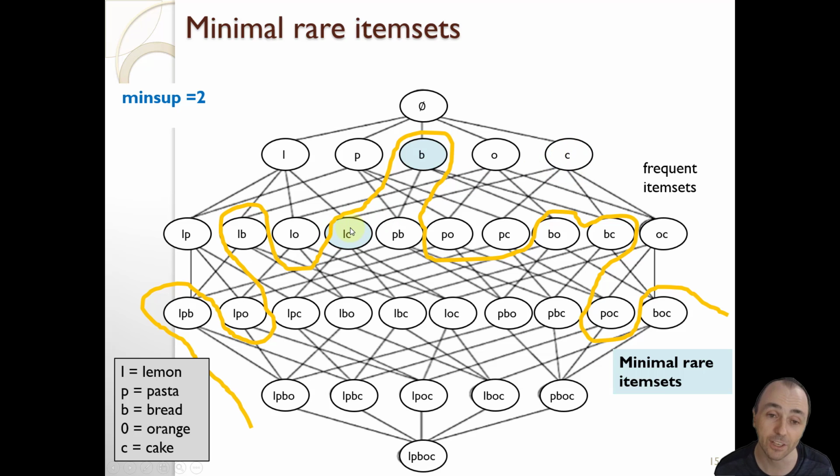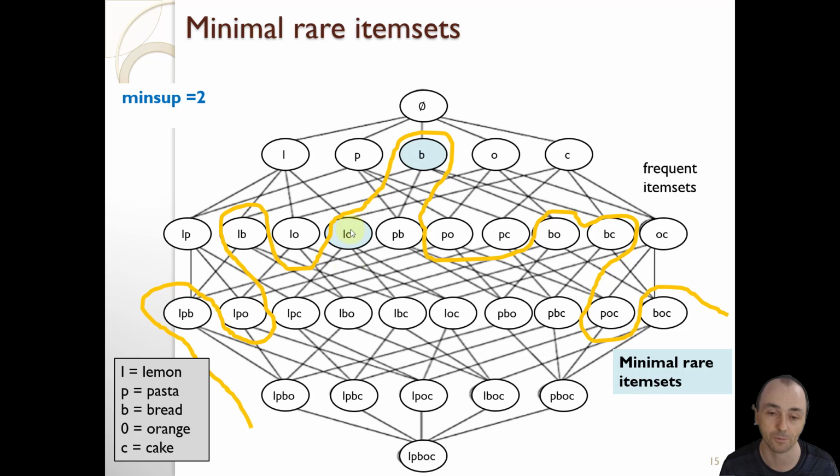So lemon cake is a minimal rare item set. Basically, what you can observe is that all the minimal rare item sets will be close to the line here. You see the line that I draw, the line between the frequent and infrequent item sets.